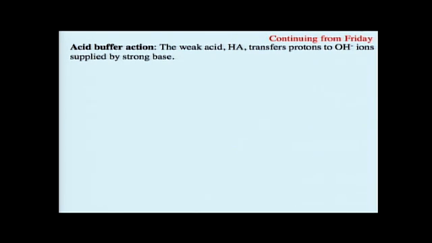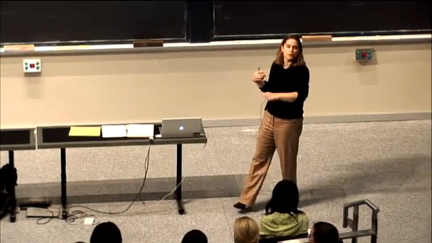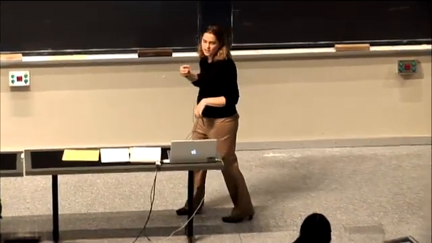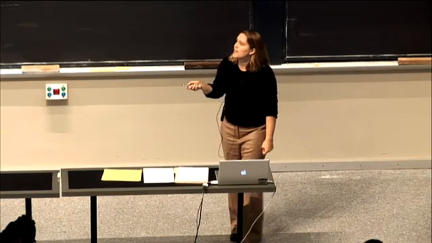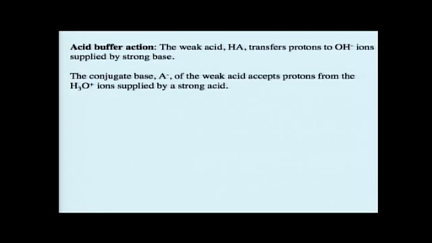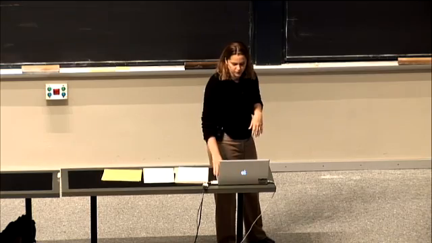So the weak acid is going to transfer protons or hydrogen ions to hydroxide ions that are supplied by the strong base to neutralize that strong base that was added. So you need to have an acid in there that's capable of giving up a proton to neutralize the hydroxide ion that was added. You also need to have the conjugate base. The conjugate base is going to accept protons if an acid is added, thereby neutralizing the effect of that added acid. So again, you need a weak acid and its conjugate base. You need both to have a good buffer.